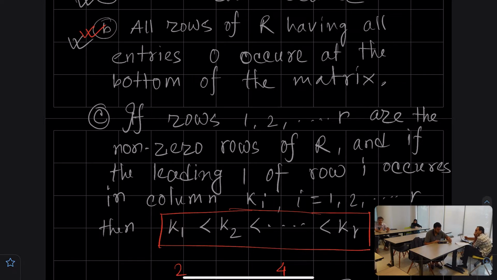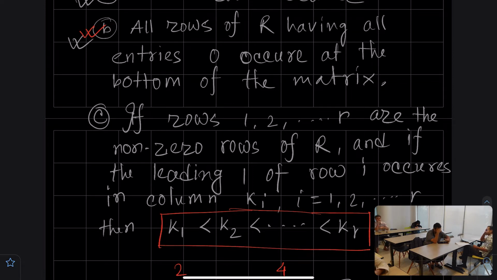The definition says if there is any non-zero row, the first non-zero entry has to be 1. If there is no non-zero row, there is no restriction. Does it violate the condition of being row reduced? No. So it's a row reduced echelon matrix.